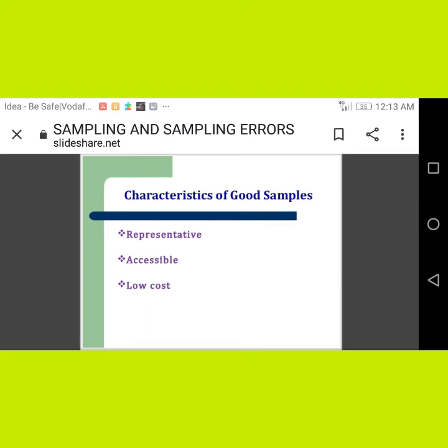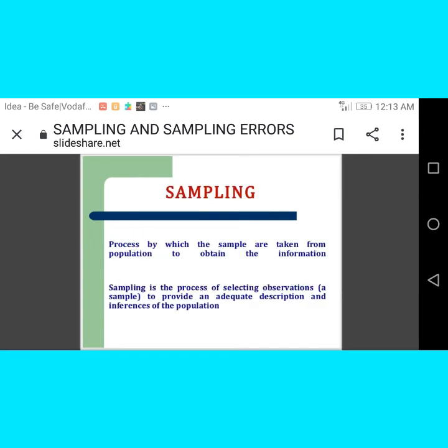That is regarding the population and the sample. So the sample is only a small part of the population. We can see the inner circle as well as the outer circle. The inner circle shows the sample and the outer one is the whole part, that is population.